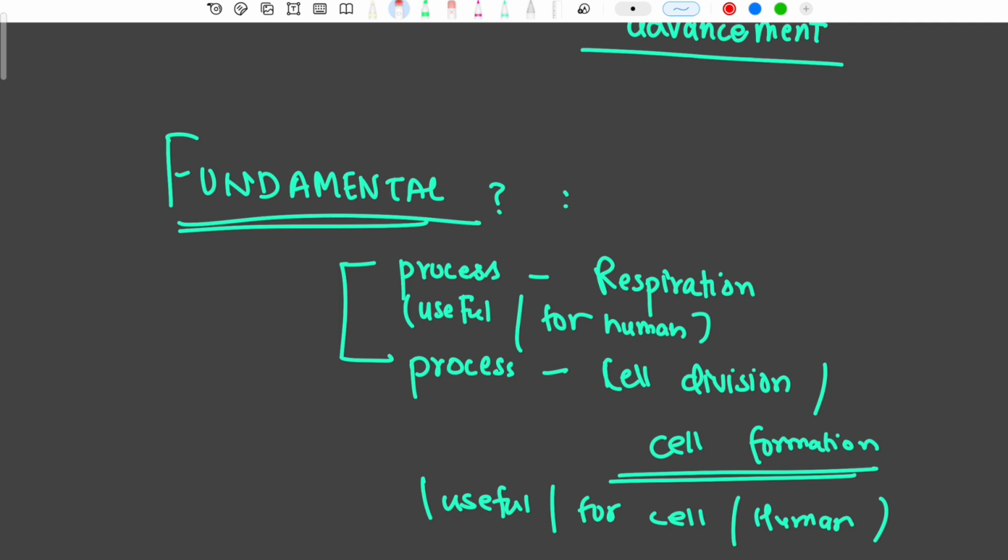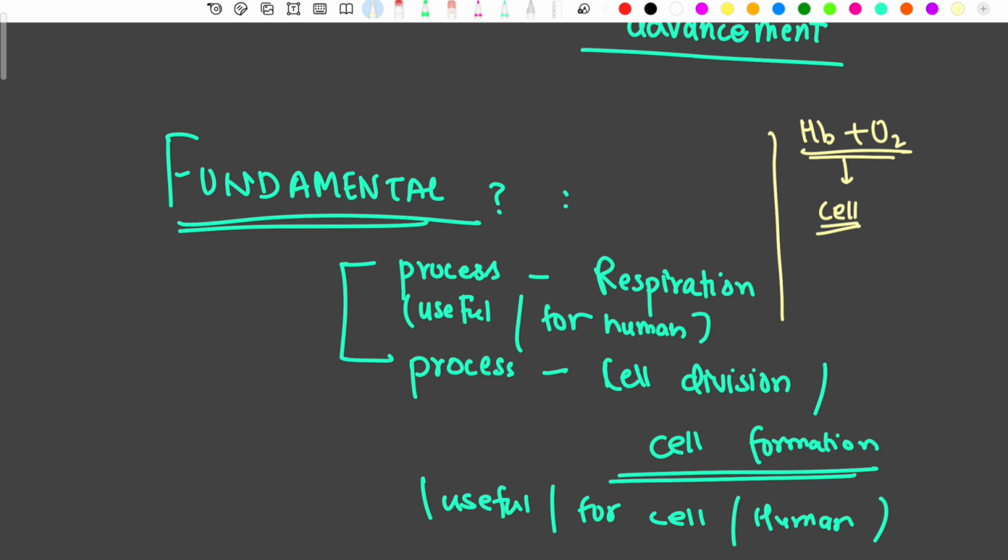So it can do respiration. Hemoglobin (Hb) plus O2 comes to the cell, and that comes to the mitochondria, which is a cell organelle.